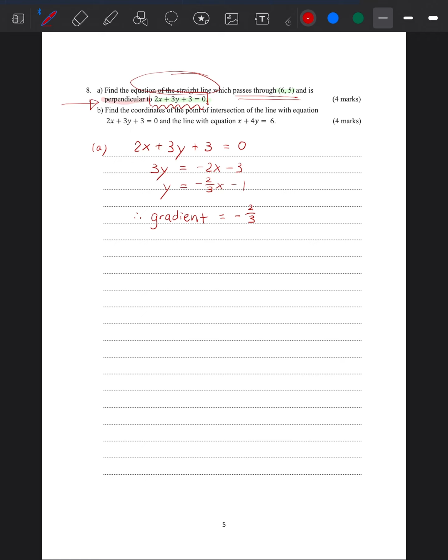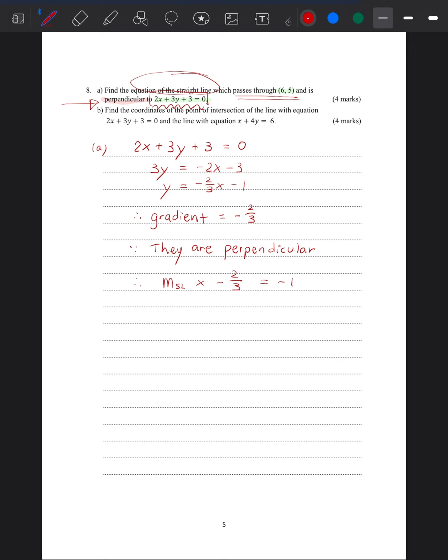So therefore, you know that because they are perpendicular, you don't need to name them because there's just two lines, so just using they is fine. So therefore, your straight line gradient times this -2 over 3 will be equals to -1.